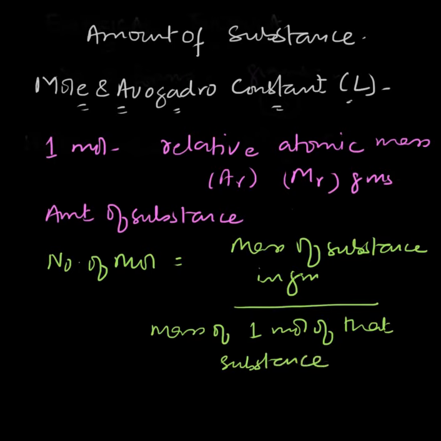Right? So similarly, mass of substance, if I want to calculate this value, this numerator, how will I be calculating this numerator? I will be calculating this numerator by multiplying these two.